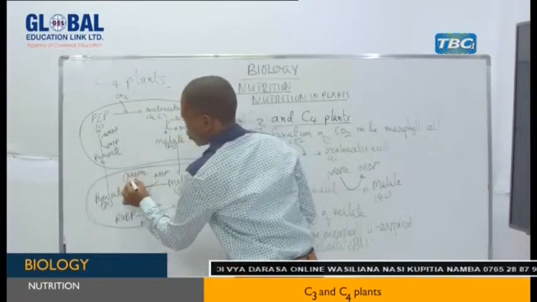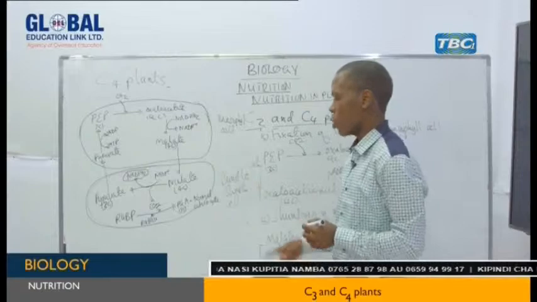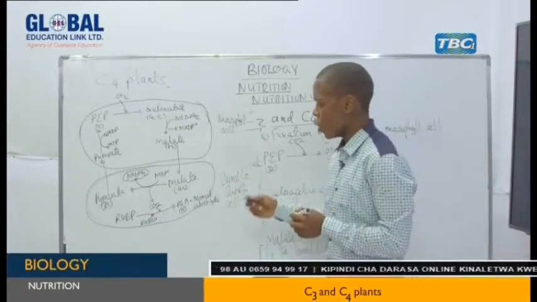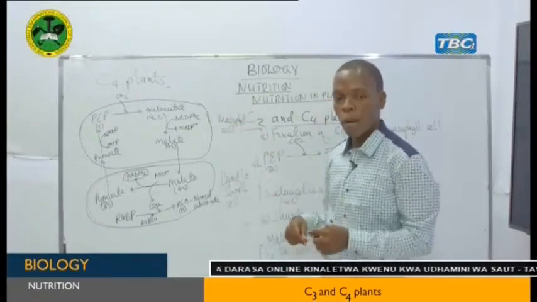This NADPH2 is used in the normal Calvin cycle in the reduction stage. Okay, this is the Hatch-Slack pathway which occurs in C4 plants.